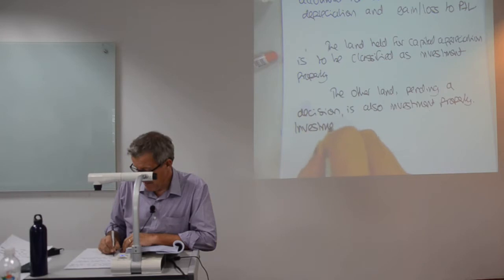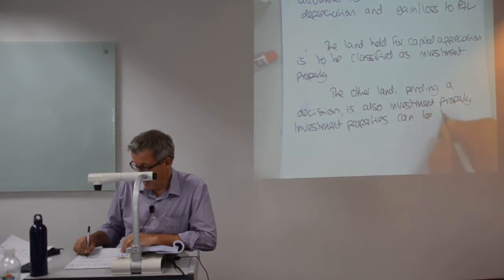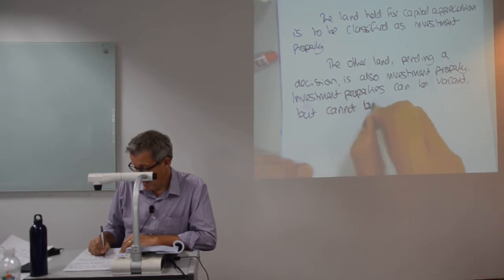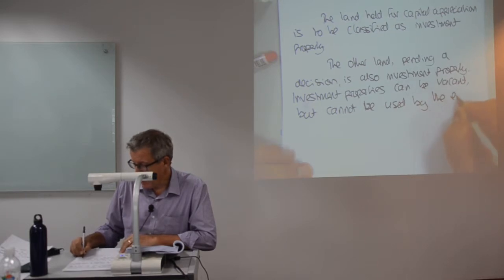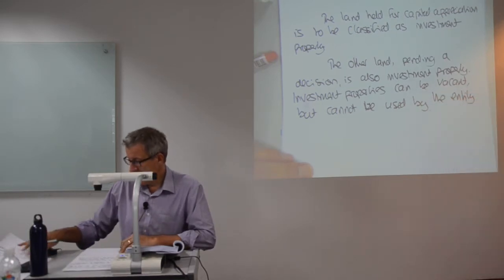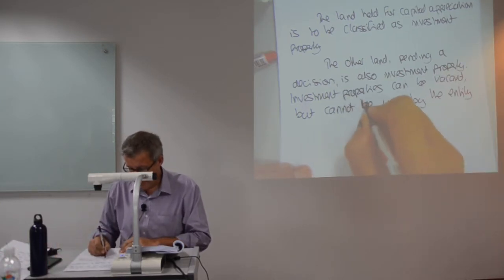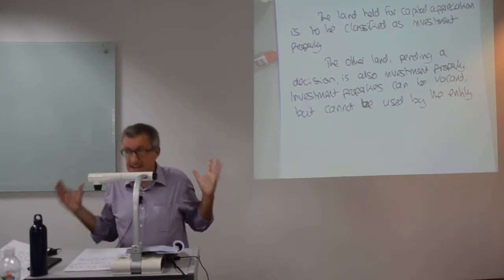Investment properties can be vacant, but cannot be used by the entity. If the entity is using the property, then that property is PPE. But we're not using it. It's lying fallow, it's lying empty.